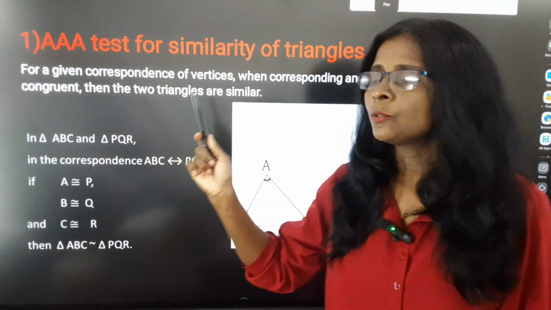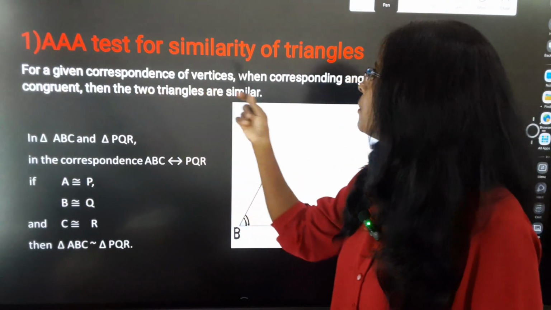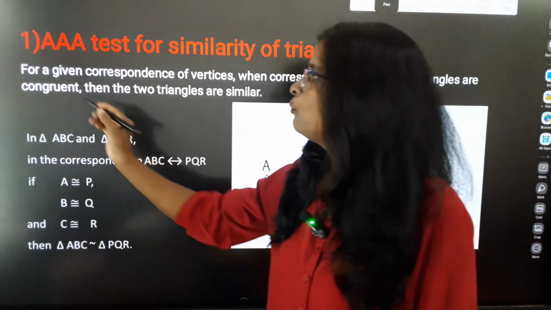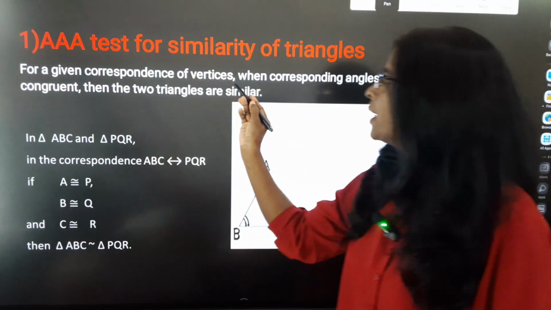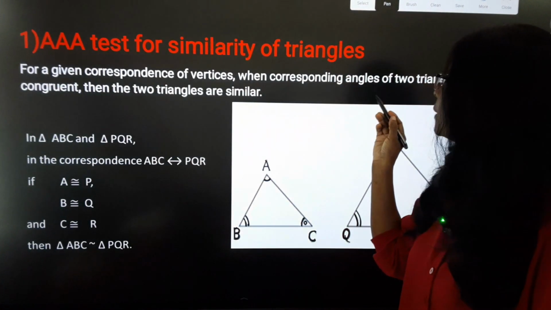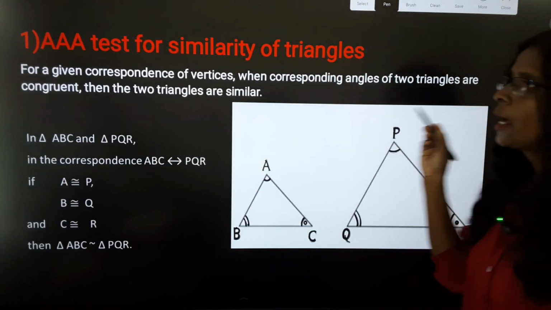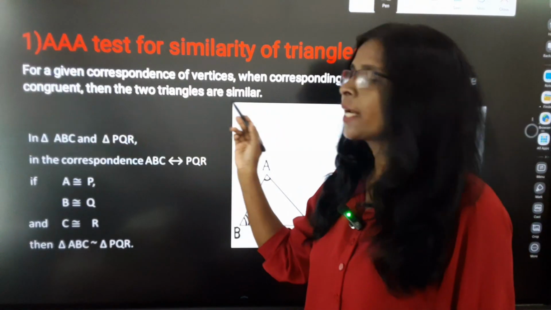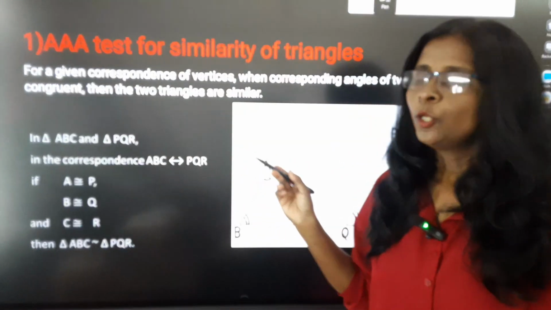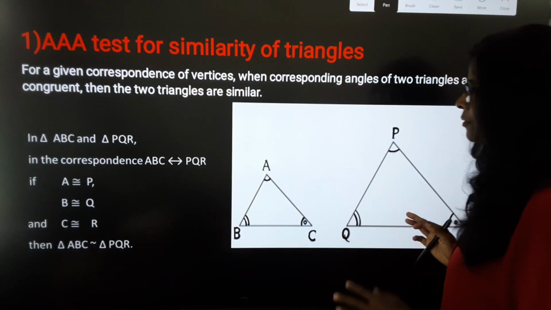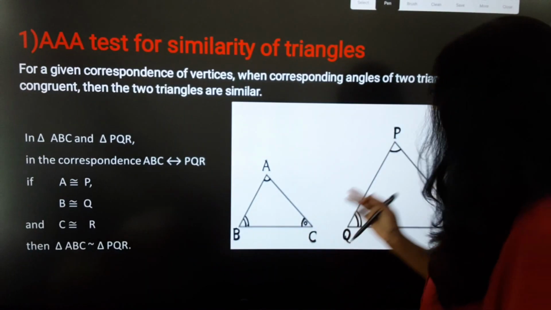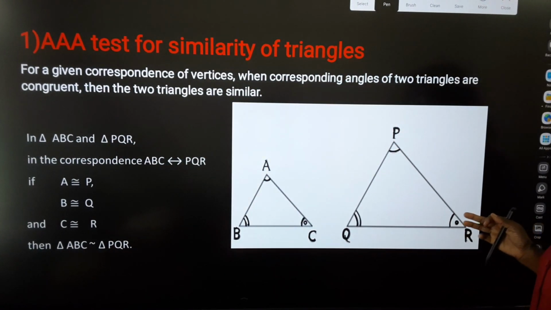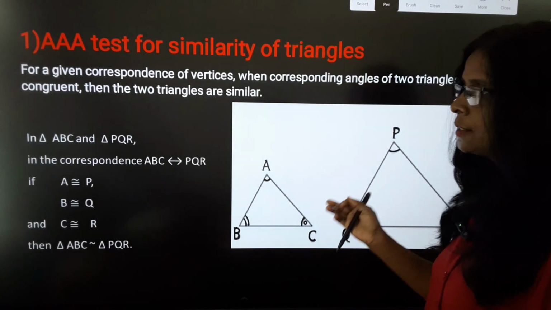Let us see the AAA test for similarity of triangles. For a given correspondence of vertices, when corresponding angles of two triangles are congruent, then the two triangles are similar. See here, these are the figures of triangle ABC and triangle PQR. Here we can observe that there is a correspondence.